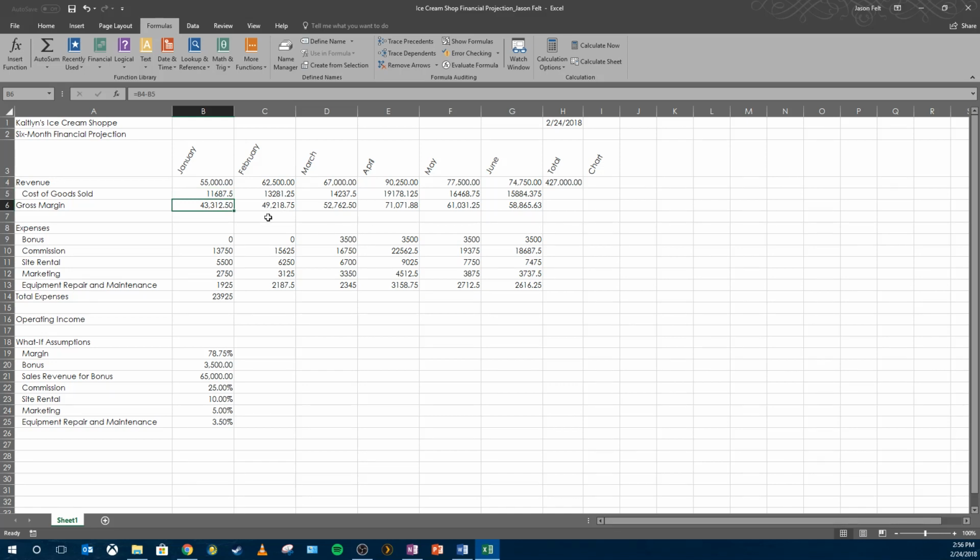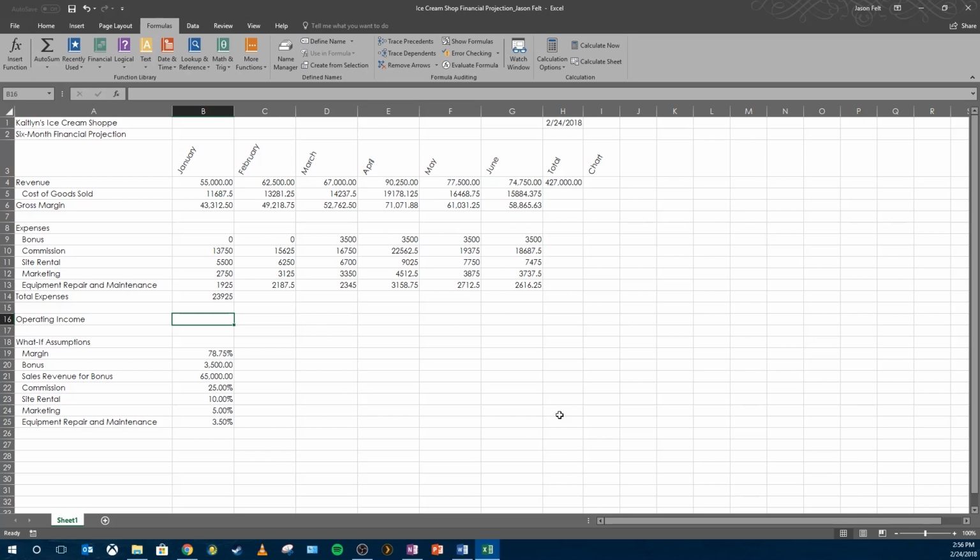Okay, now the expenses. So obviously we calculated our expenses. This is the total amount of expenses that we have here. Now we're going to figure out the operating income. Basically what that means is, with all the operations that are going on, with everything we're expending, we're marketing, we're making, all that stuff, how much are we making?